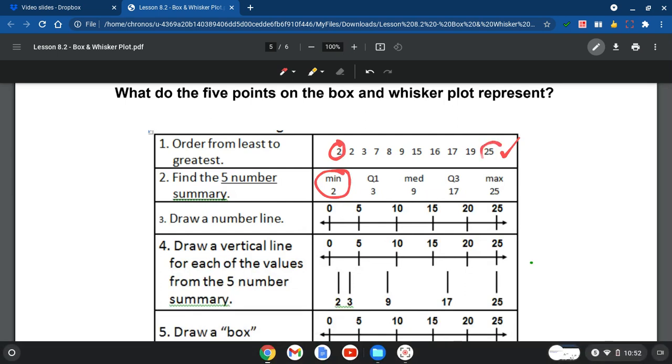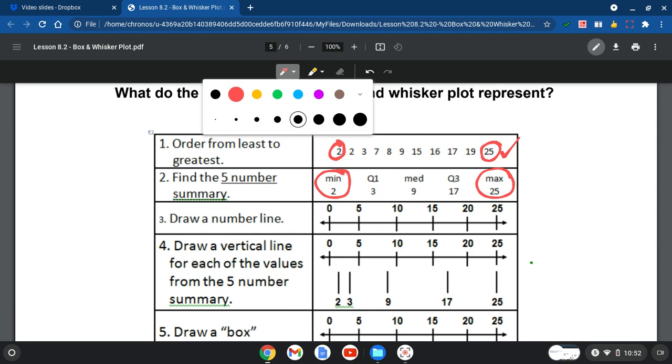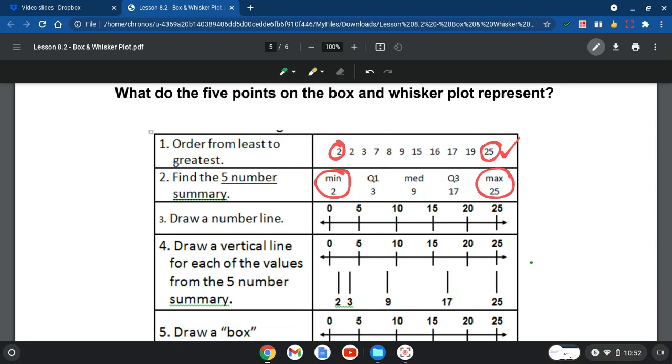The maximum is 25. Our median is the number in the center. If we use our rainbow method, we will find that 9 is our median.